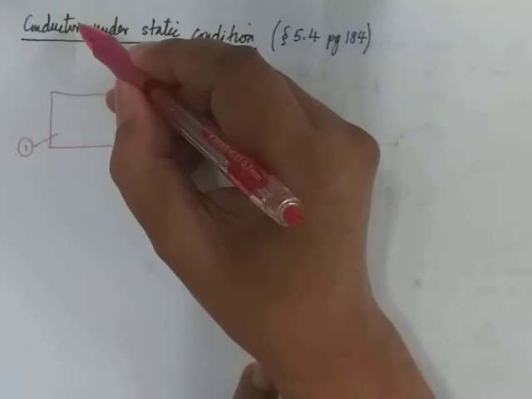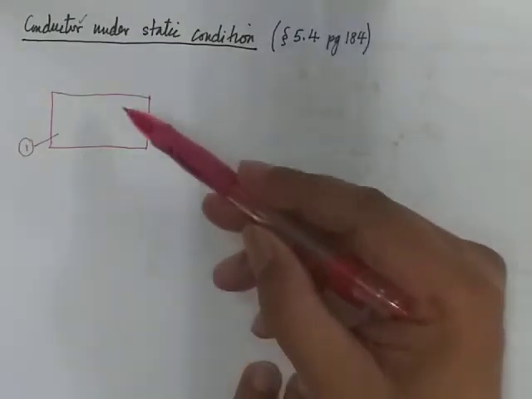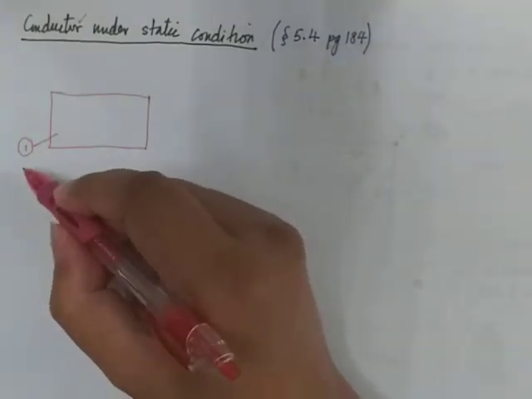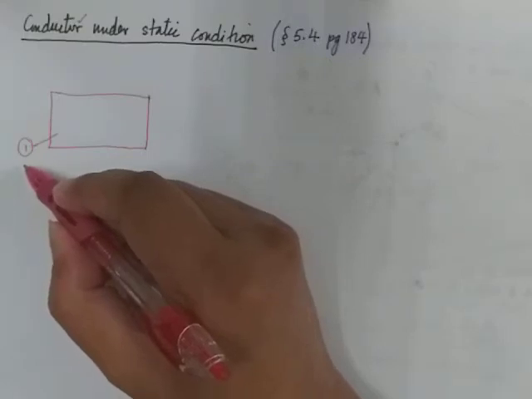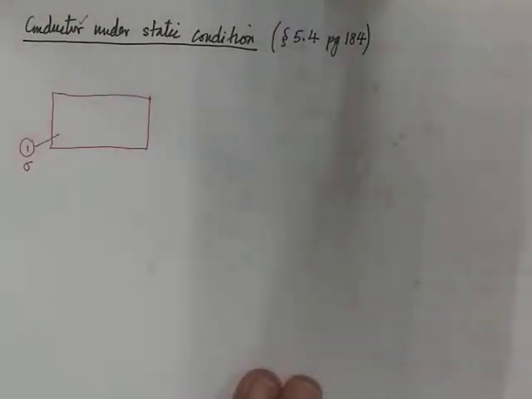Since the title of the discussion is conductor, we use a medium known as a conductor, and for a conductor there is a special value to represent that medium, known as conductivity.